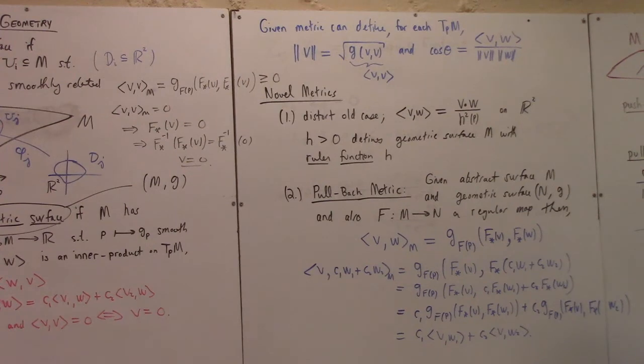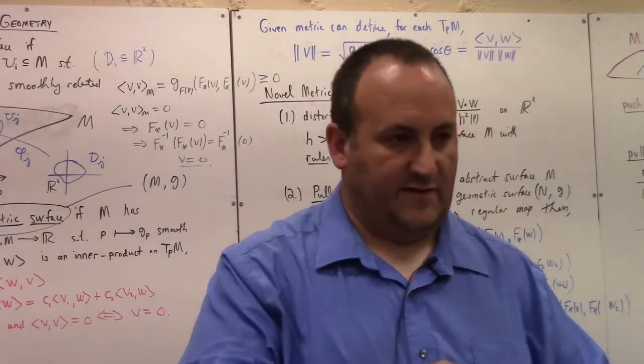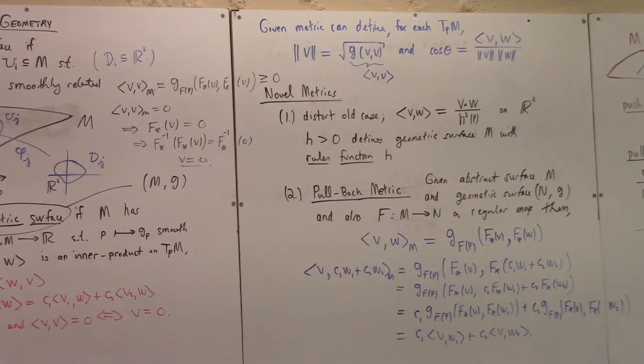What was our definition? F, a mapping of surfaces, is a local isometry of surfaces. Yeah, what did it take? What was the definition of local isometry of surfaces?